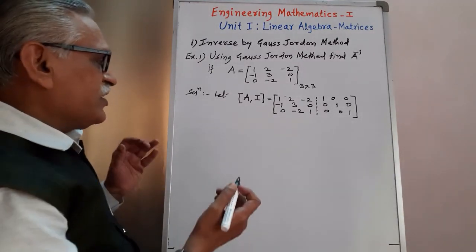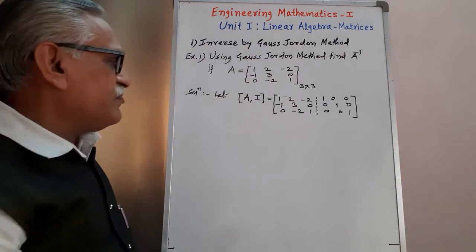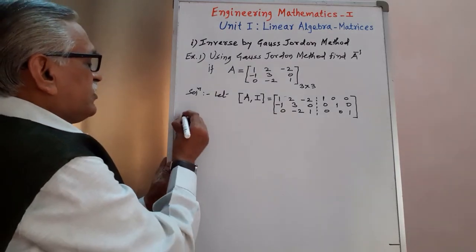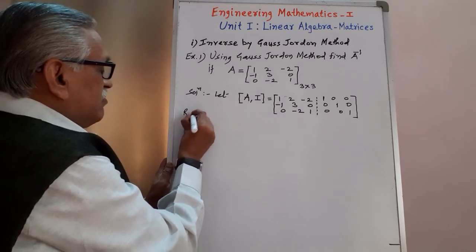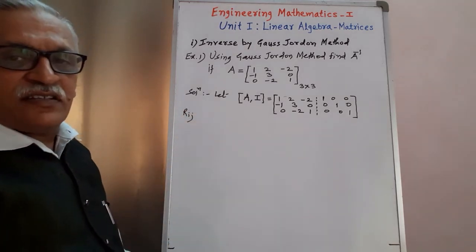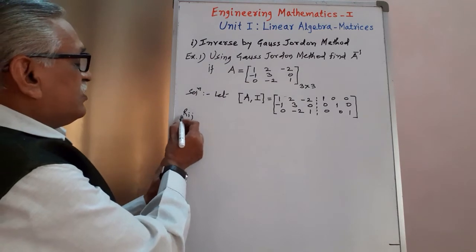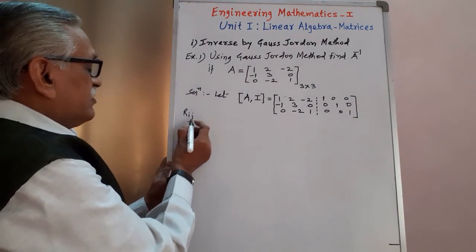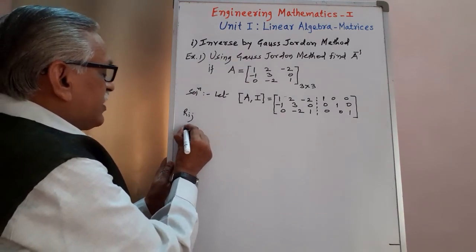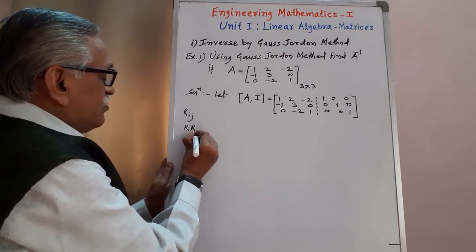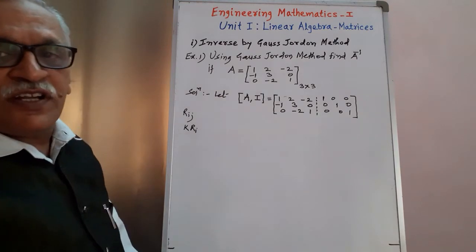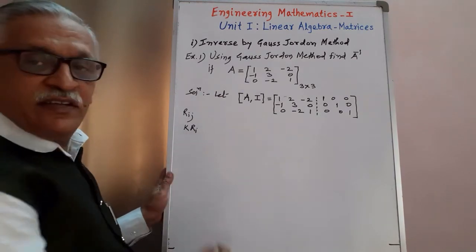All of you know that there are 3 elementary row transformations. The first one is interchange of ith row with jth row. Second, we can multiply any ith row by a non-zero scalar quantity k, k into Ri.